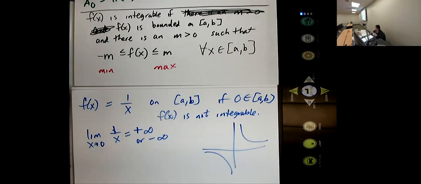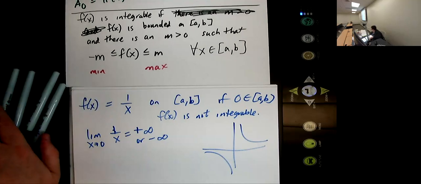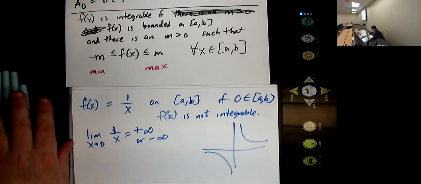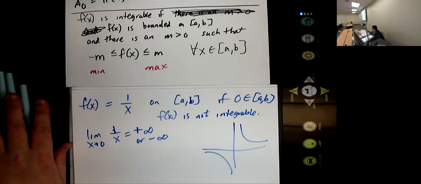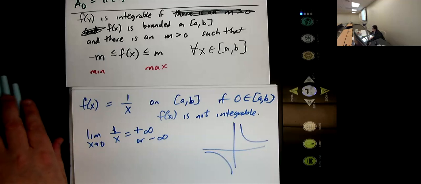Which means it has no bound. From 1 to 3, yes, we can do it. So it's whether or not it's in the domain.